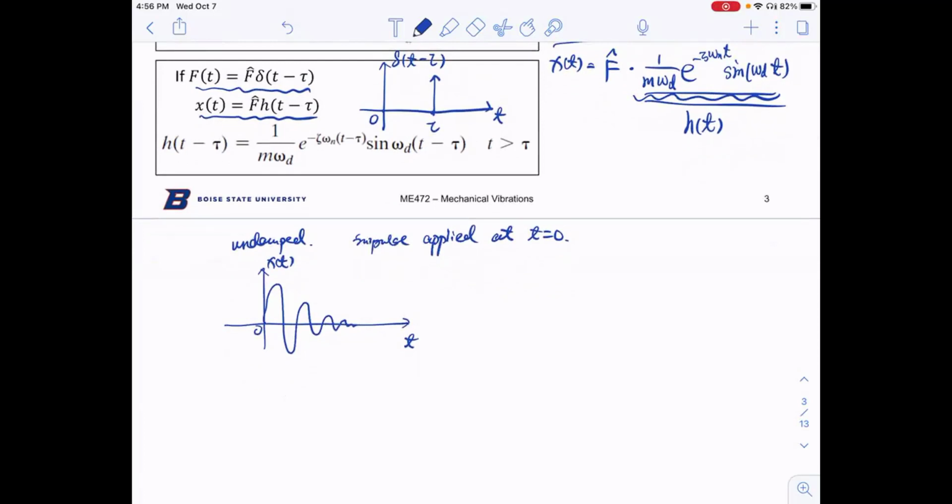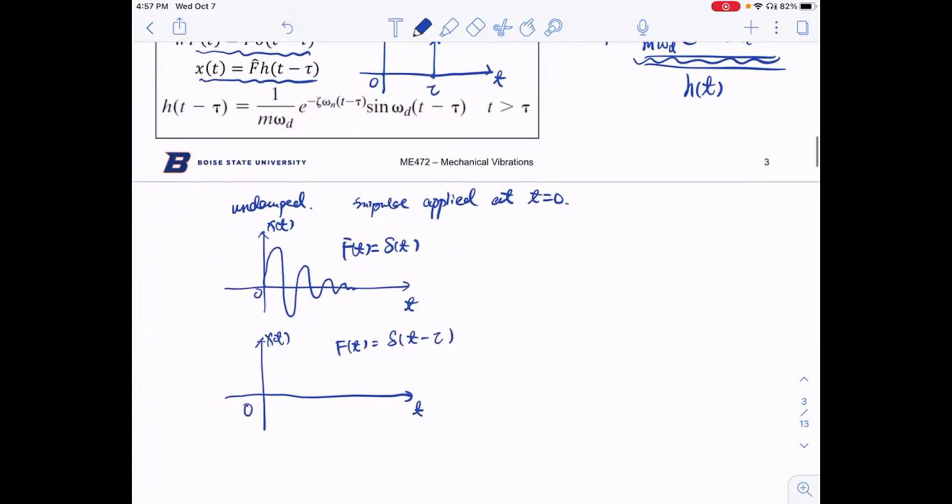So if we delay our impulse by tau, your excitation is delta t. If your excitation is delta of t minus tau, or delayed by tau seconds, then you're going to expect the same response. It's just that your response is also delayed by tau, right? So that's tau, and then your response will be something like this.